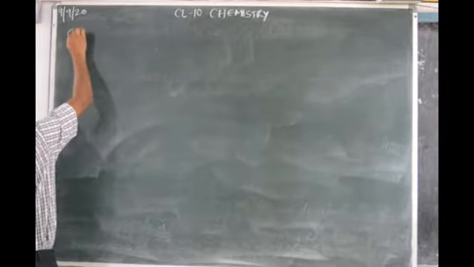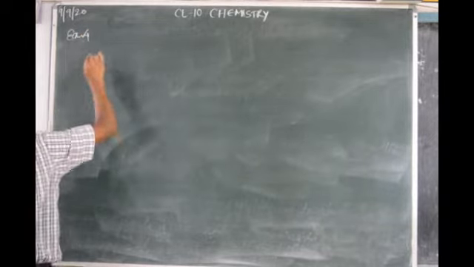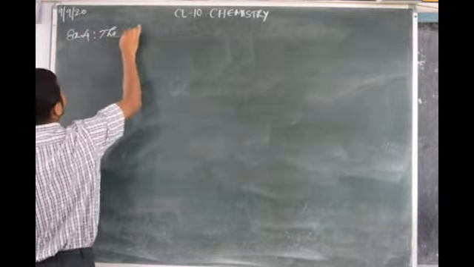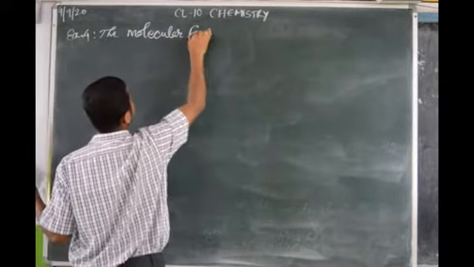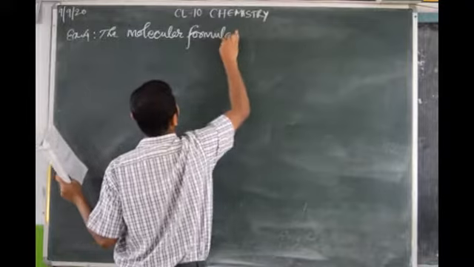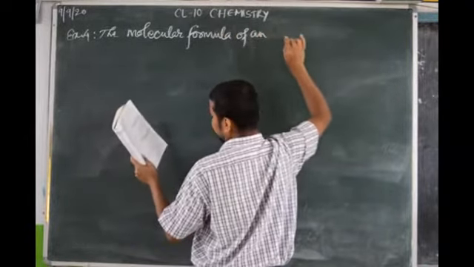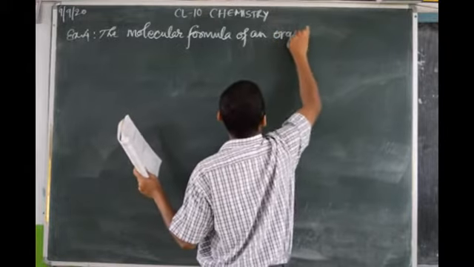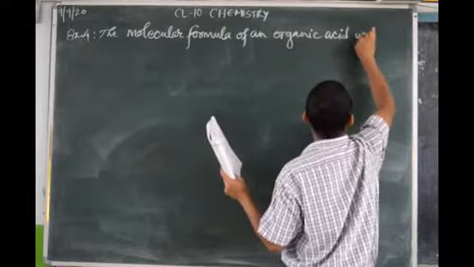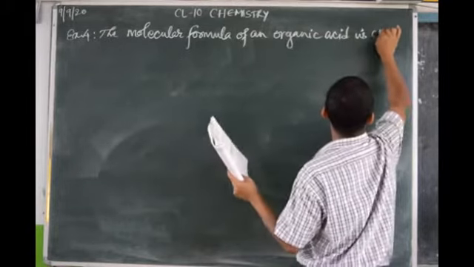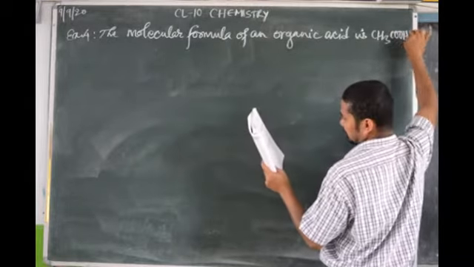Example number 4 of your textbook: the molecular formula of an organic acid is CH3COOH.